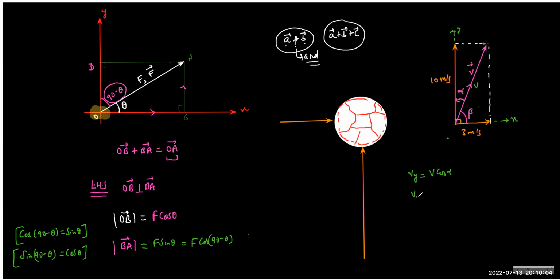Similarly, what is the x component? V sine beta. No, V cos beta. You have to take the cos of the angle from the given vector to the direction. That's it. There is nothing like sine. Just because two mutually perpendicular directions will have complementary angles, that is why this will automatically become V sin alpha, right?